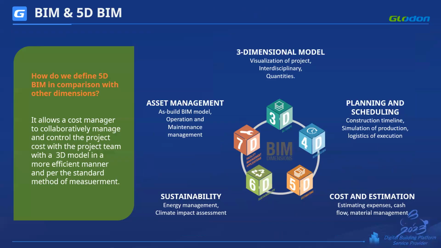If we talk about building information modeling, we can divide it into 5 categories. We can start with 3D BIM. There are plenty of examples of 3D BIM software. Revit and ArchiCAD are the best examples. Then 4D BIM for planning and scheduling.